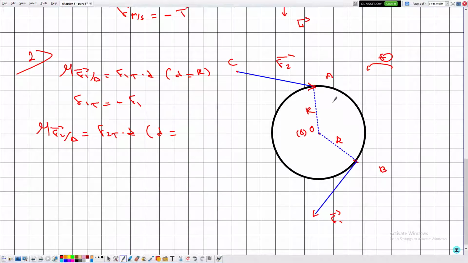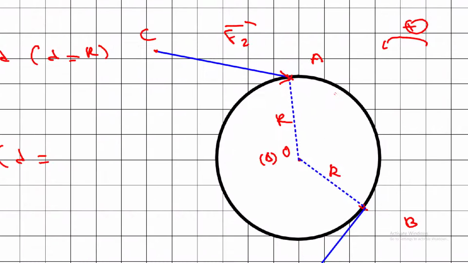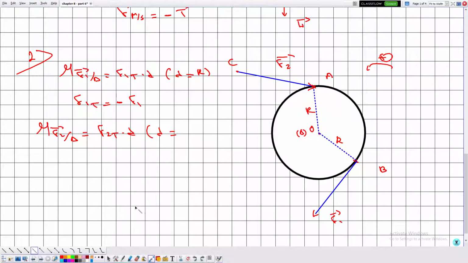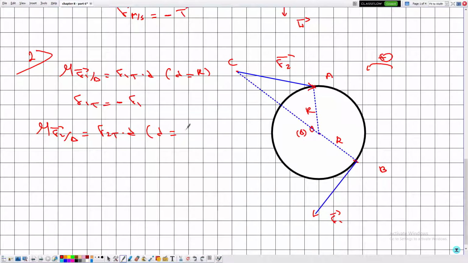Here, if we need to refer to the definition that I'm always using, which is the distance from the axis of rotation to the point of application of the force, then this distance must be, according to this definition, given by OC. And here comes the problem, because this is completely wrong.